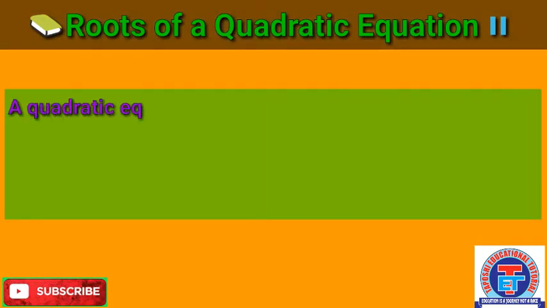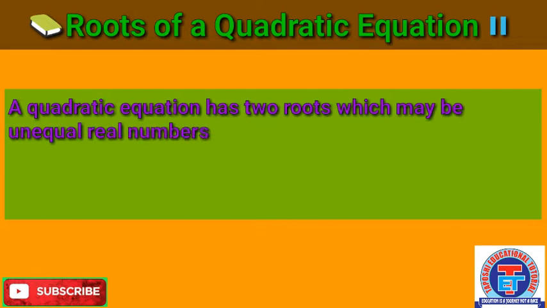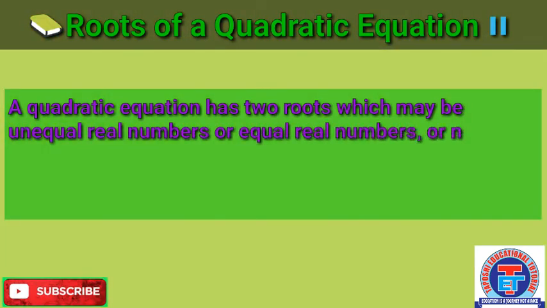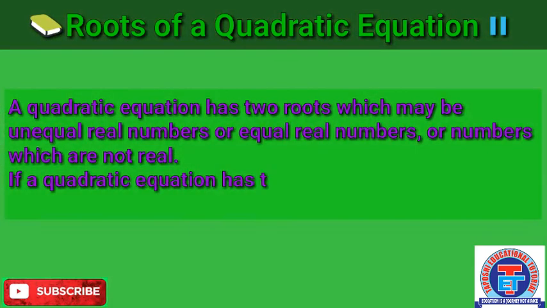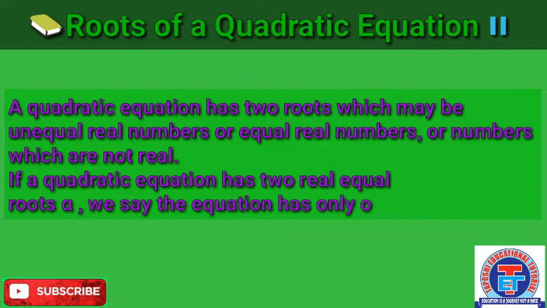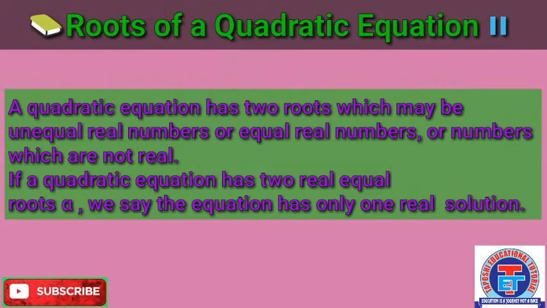A quadratic equation has two roots which may be unequal real numbers or equal real numbers, or numbers which are not real, right? If a quadratic equation has two real equal roots alpha, we say the equation has only one real solution.